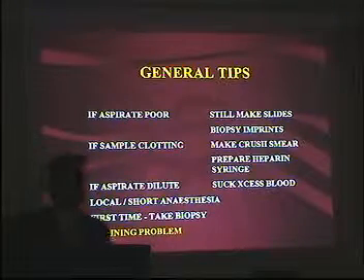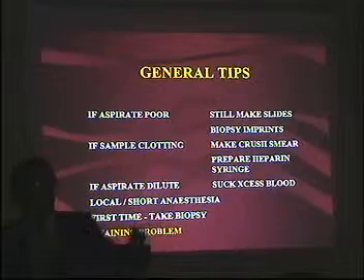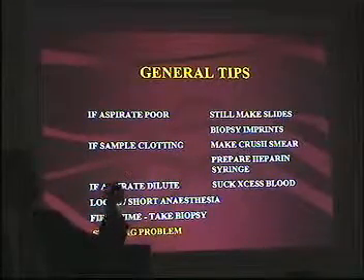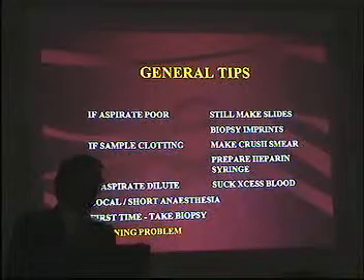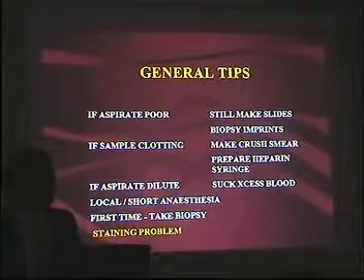Many times we are overzealous in aspiration, and when we aspirate, suddenly a gush of marrow comes into your syringe. You are sure you hit a sinusoid, and therefore what is coming is probably also blood around it. Now if you make smears, it's a diluted sample, and you don't want to give out a report on a diluted sample. It makes the whole procedure go to waste.